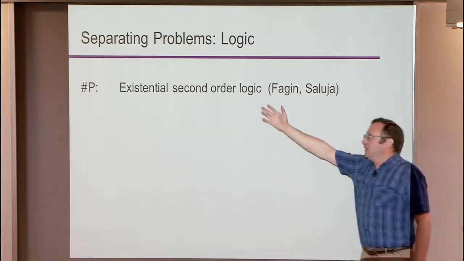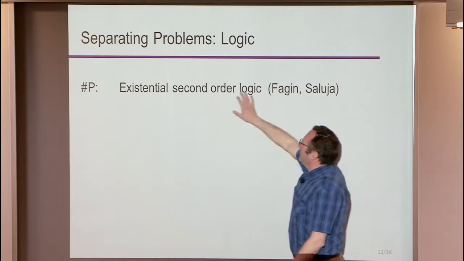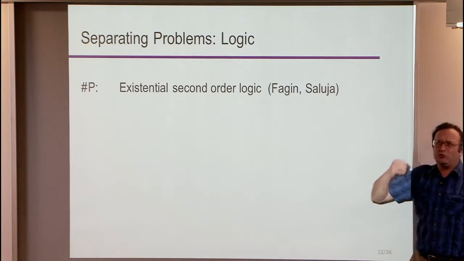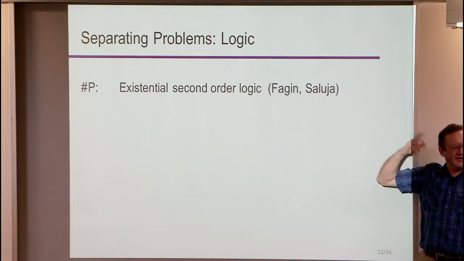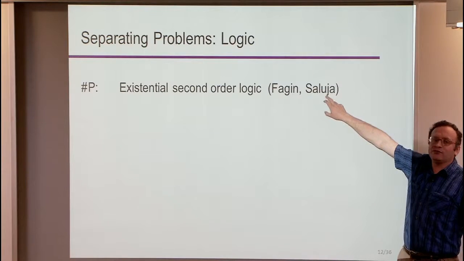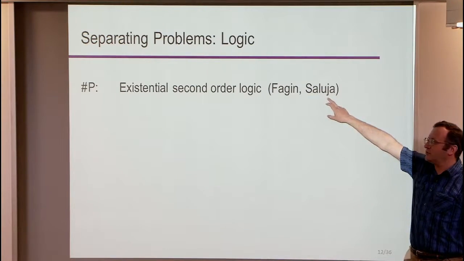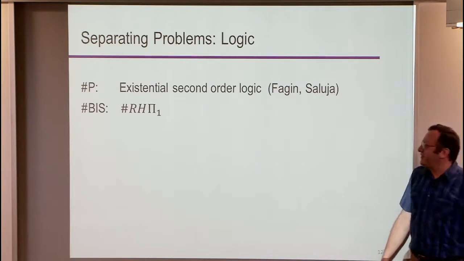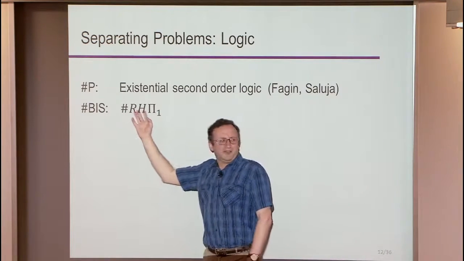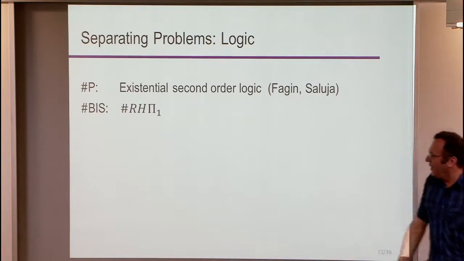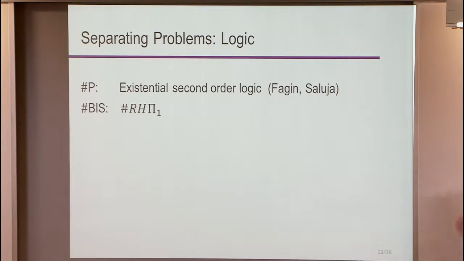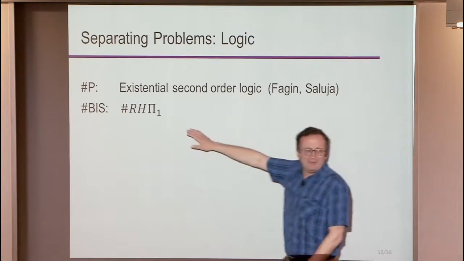For instance, NP or #P can be characterized as problems expressible in the existential second-order logic, or counting models of formulas in such logic. Well, #BIS corresponds to some convoluted logic with a horrible abbreviation. I don't dare to read it. I actually defined it in one of my talks, so I'm done with my duties about definitions. I'm not going to define it here.